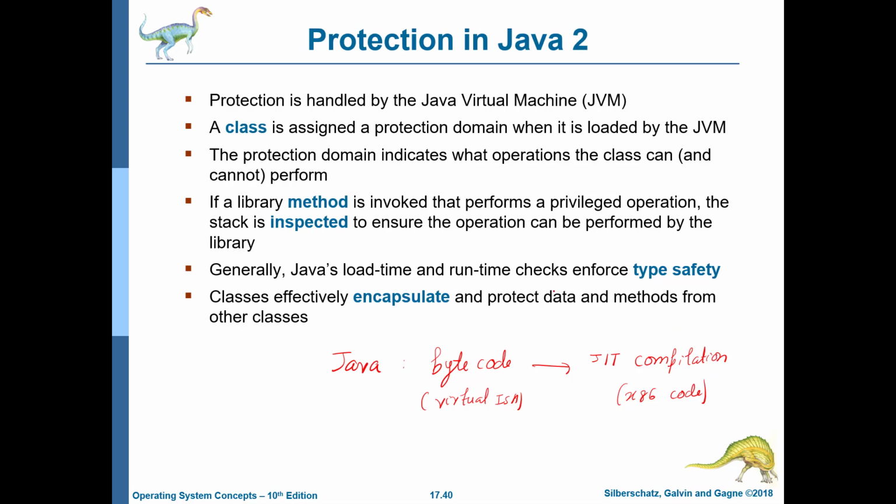So during this process, every method can be scrutinized or inspected to see if it is performing a privileged operation and is that operation safe or not. And furthermore, the stack of arguments can also be inspected at this time as a part of the compilation process to check for safety.